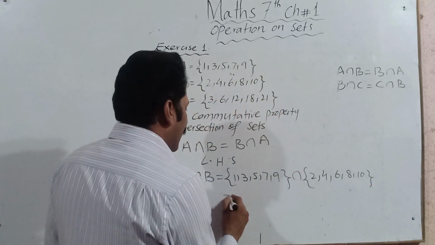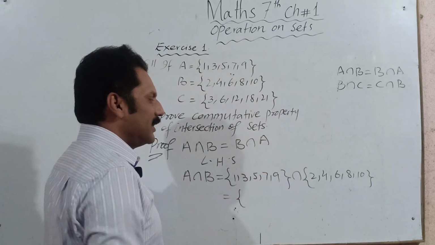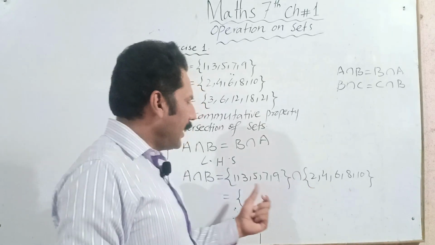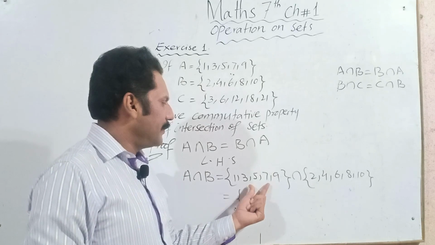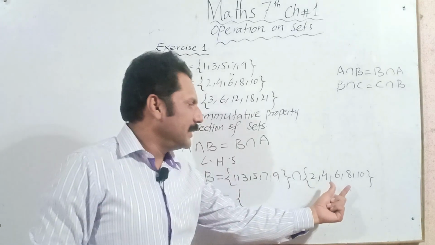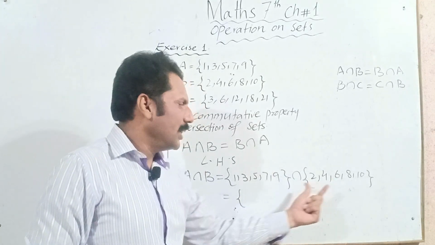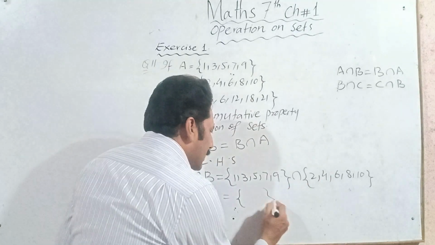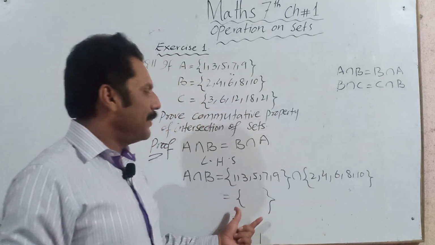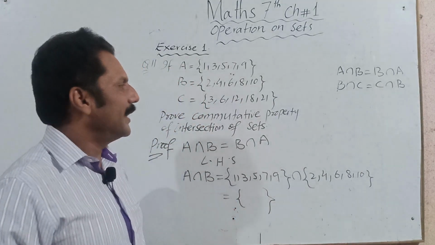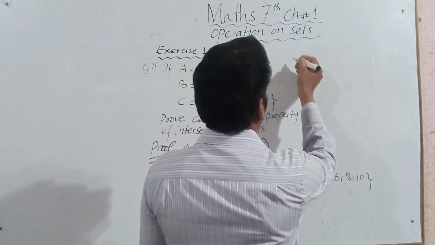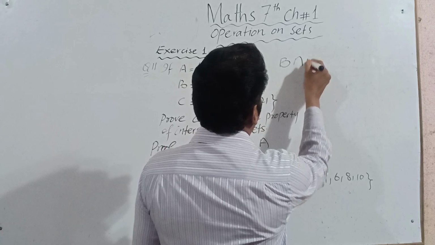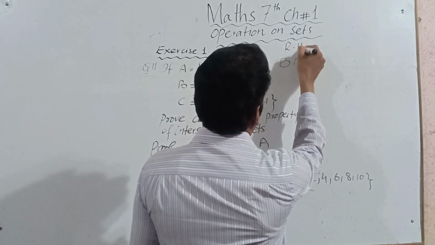And now we will write the common elements. Which elements are common? In set A, there are only odd numbers, and in set B, even numbers. So there is no common element in sets A and B. Therefore, the result will be the empty set. So left hand side, the result is empty set. Okay, B intersection A. So that is our right hand side.